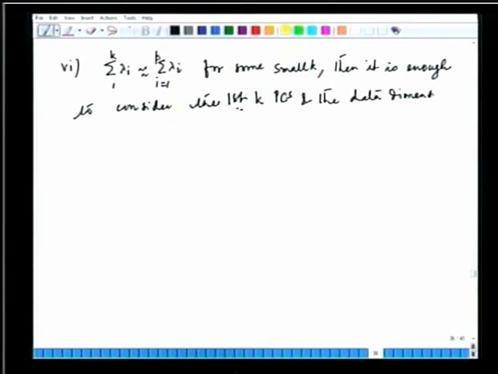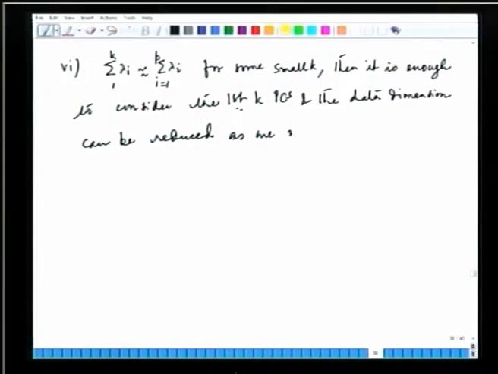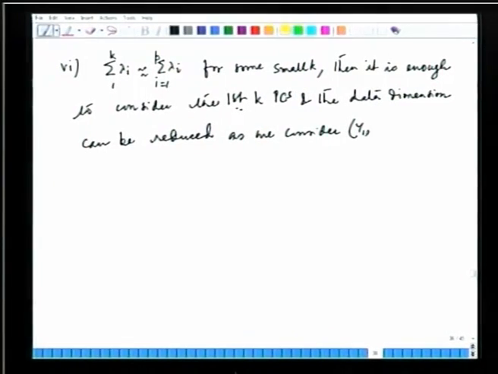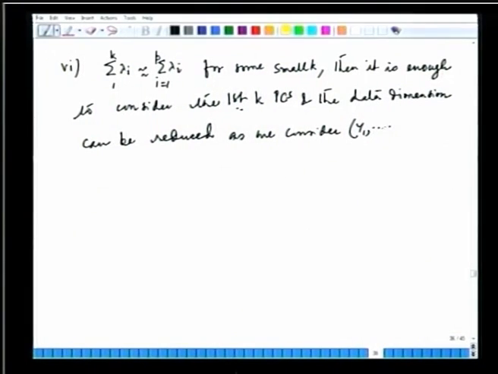That was our primary goal. The data dimension can be reduced as we consider now the k dimensional vector y1, y2 to yk, where k is much smaller than p.